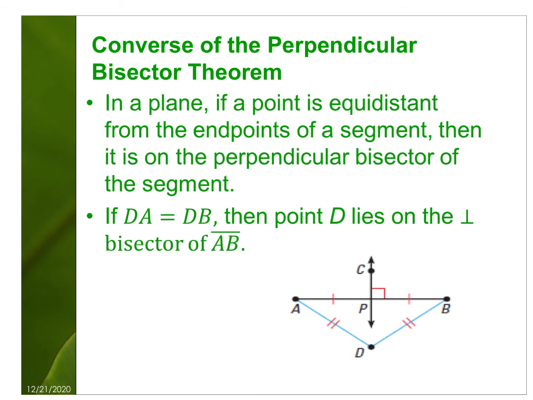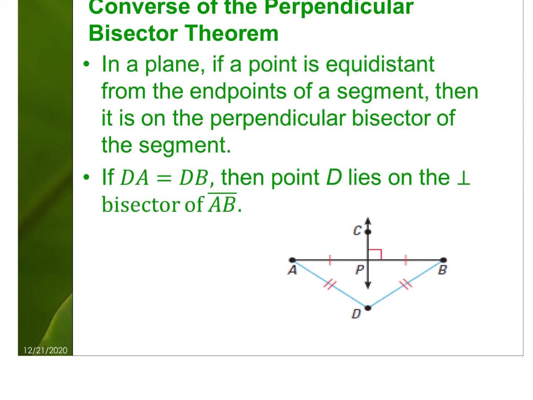So here, in reverse, if the point is equidistant, then we know that point D does lie on the perpendicular bisector of AB. So remember, notice the arrow indicates that this is a line and it keeps going. So we can see that D is on that perpendicular bisector.